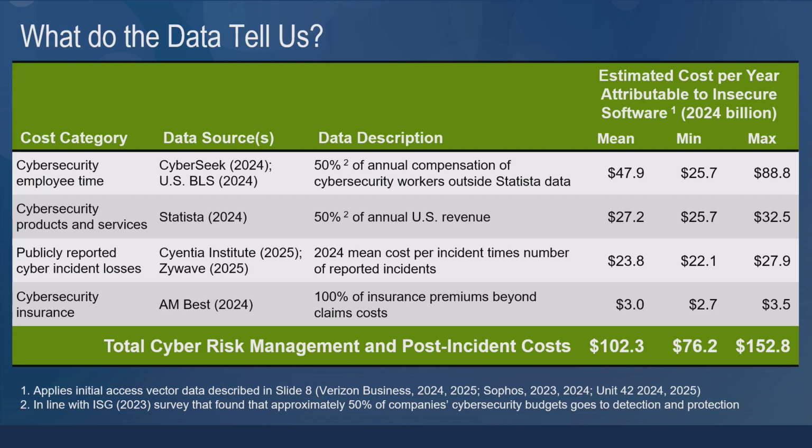Obviously, a huge part of the cybersecurity workforce is working for the cybersecurity products and services industry, but a much larger portion is working for everyone else. So we used revenue data versus GDP, total annual labor, to figure out how many people we thought were working outside of those people.